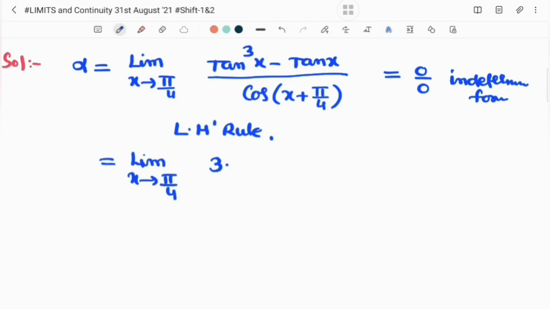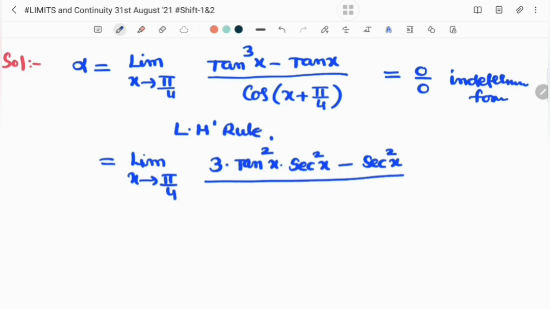Here n is 3, so 3 into tan square x, and again d by dx of tan x is secant square x. Minus d by dx of tan x is secant square x.